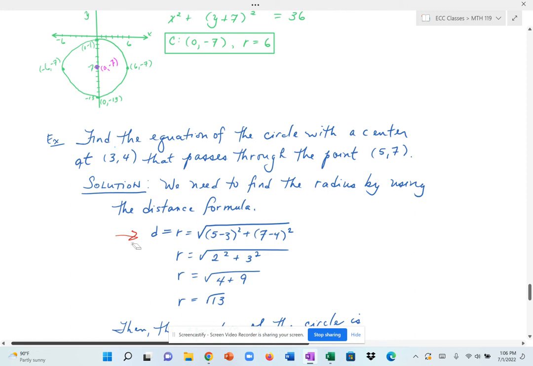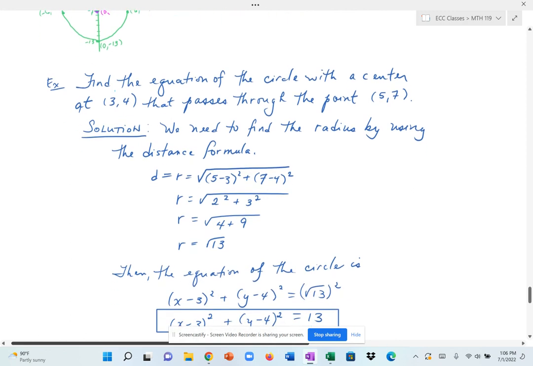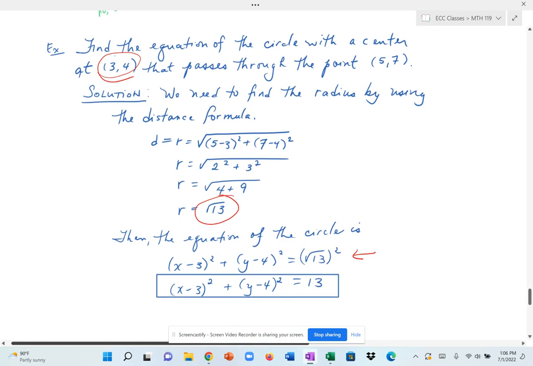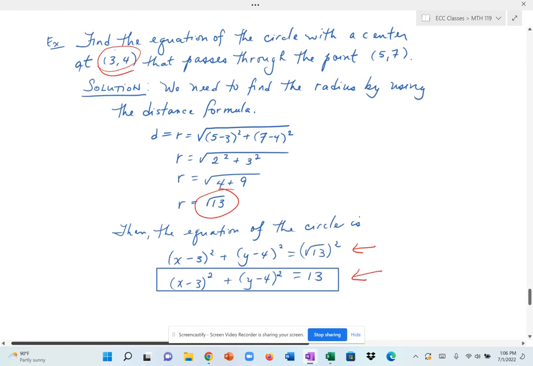So now we use that and the center. Remember, the center is 3, 4, and this is now my radius, and plug it into the formula. So that'll be x minus 3 to the second power plus y minus 4 to the second power equals the square root of 13 squared. And so your final answer is what you see here in the box.